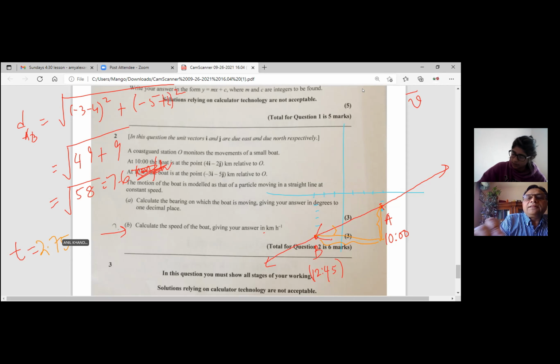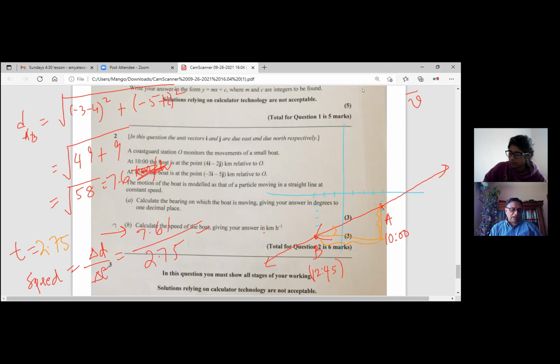Yeah. And therefore, we get the speed, which is change in distance over change in time, and the total distance is 7.61, whatever you got there, divided by 2.75, correct?